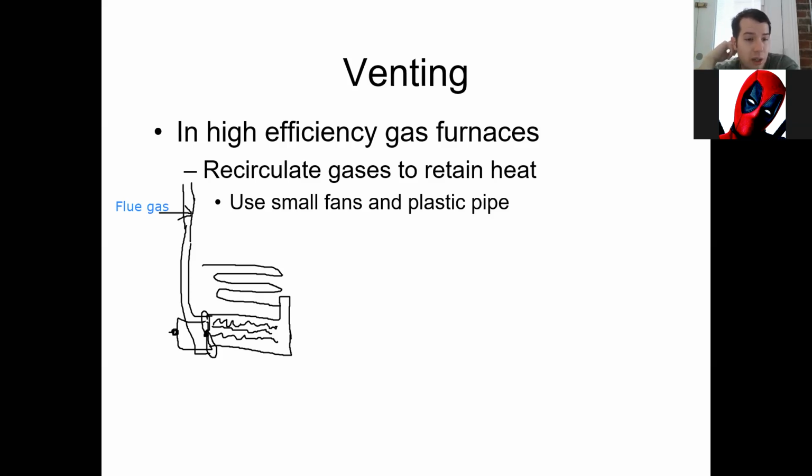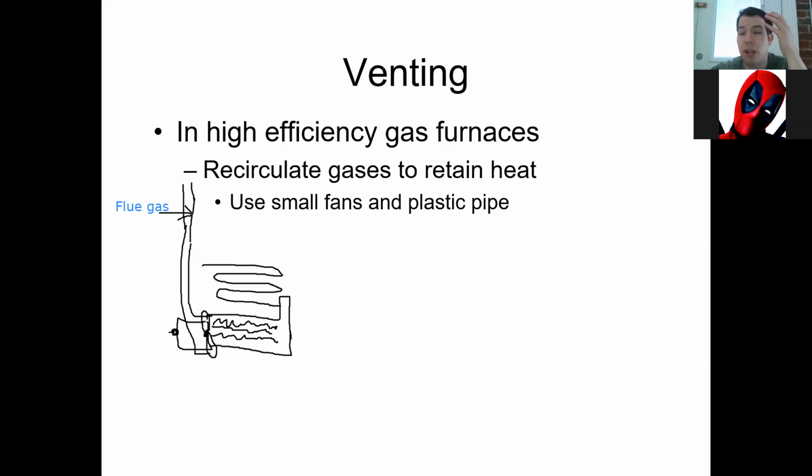So if it was the opposite way around, if I kept the metal flue piping on for a high efficiency furnace, it would immediately start condensing flue gases on it, and the condensate would just eat up and turn it into a giant vent made out of rust, basically, and that would be annoying as hell to replace.